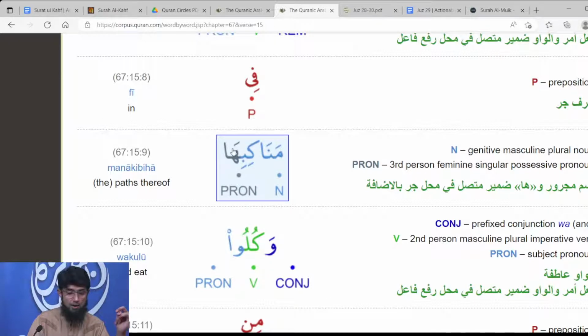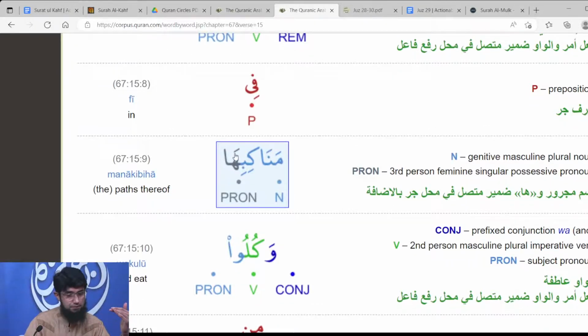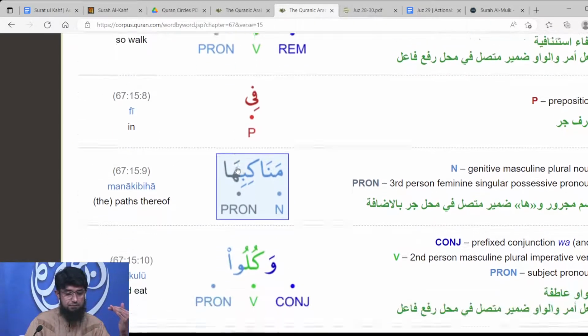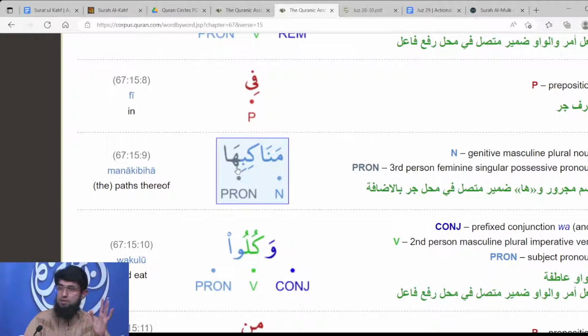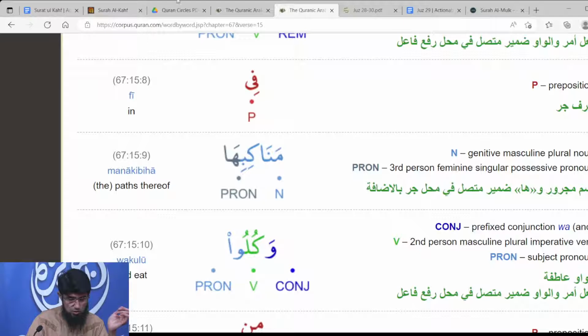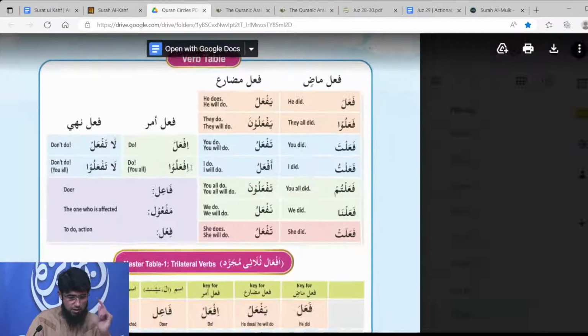Fi manakibiha, in its paths. If you want to be more literal, the ha is for "her." In the manakib of her, okay, her paths. What is this "her" pointing to? Do you guys first of all see that ha is for "her" from the pronoun chart? Okay, let me show you quickly. If you want to quickly refer to the pronoun chart, no problem.